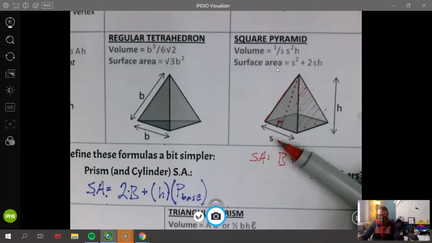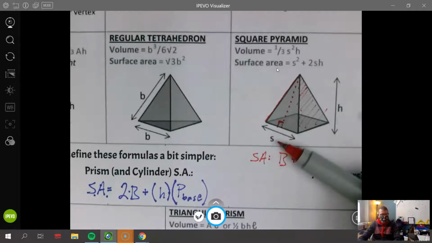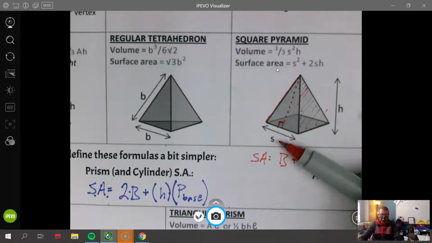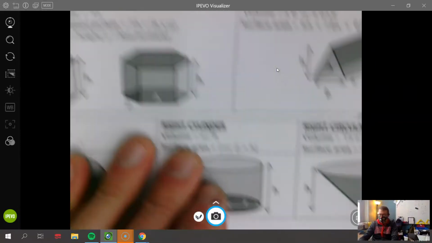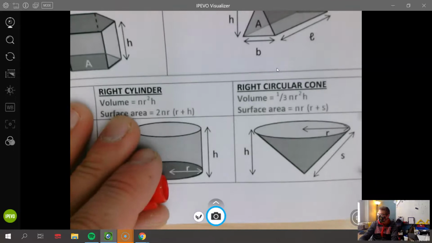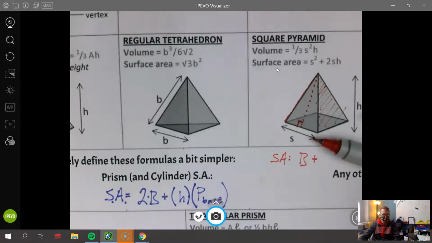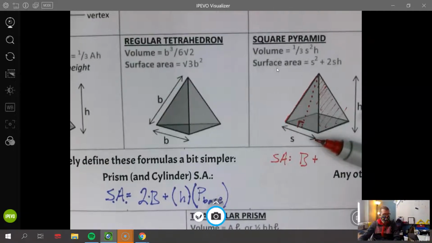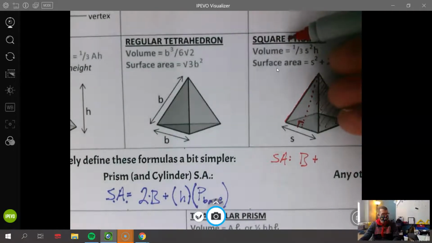Just like in our cone, we had a slant height. Now that's why I don't like using s over here. If you want to change the notation, we use s down by our cone for slant height, but up here they're using s for the side of the base. First off, I disagree with them using side, but they're using it because it's a square, so little s normally means the edge of a square.